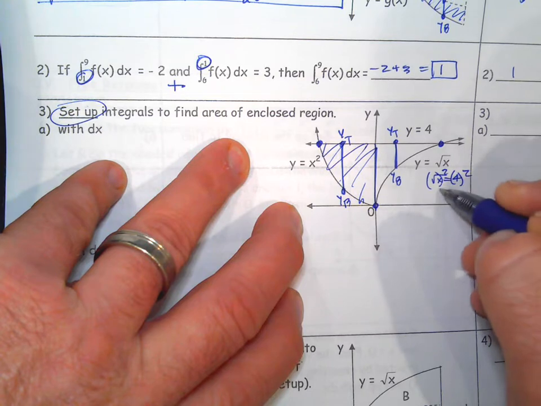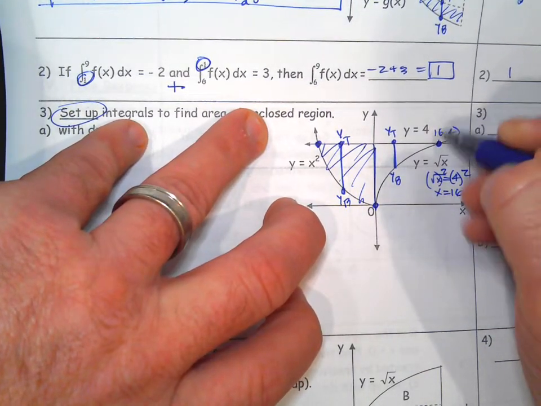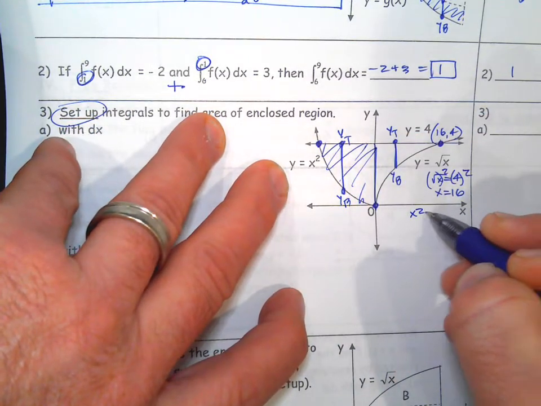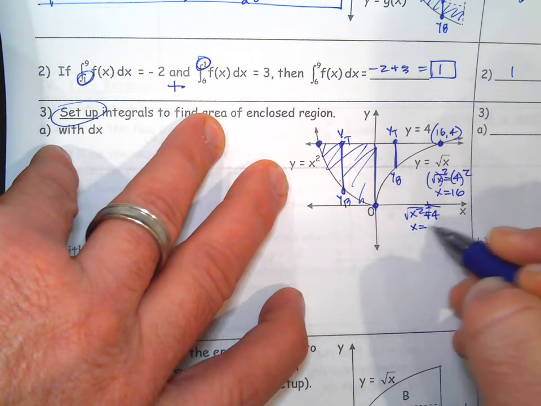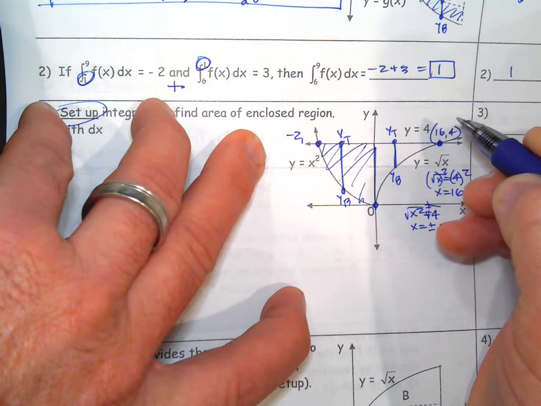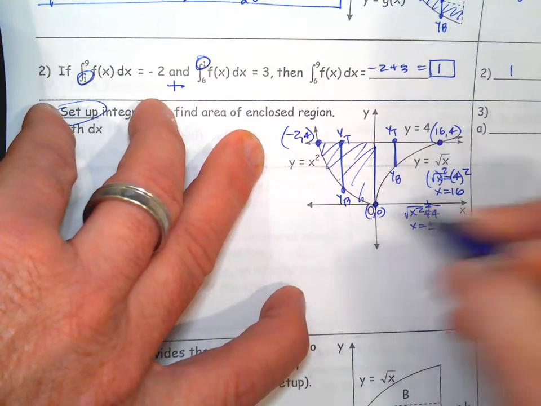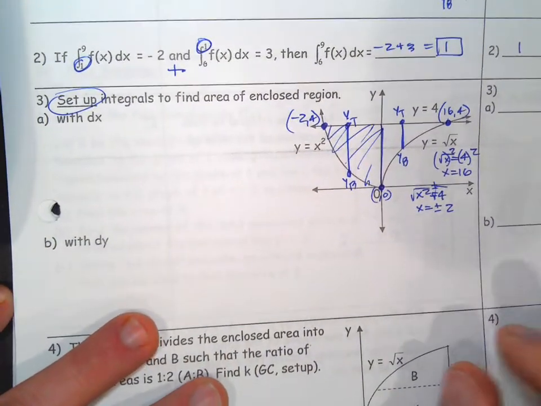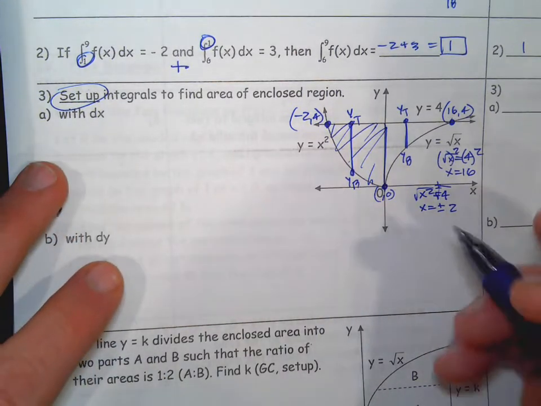It's a lot faster. 16, 4, and then over here, set x squared equal to 4, square both sides, plus or minus, x equals plus or minus 2. This is obviously negative 2. It's a negative y value. And this should be 0, 0. So if it's hard, use your calculator, but I think that one is easier to just do without it.